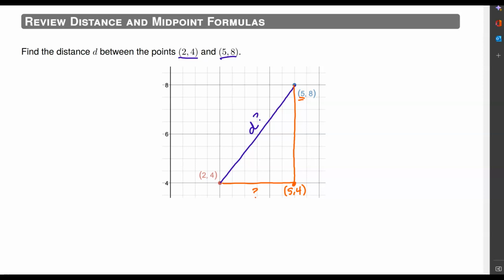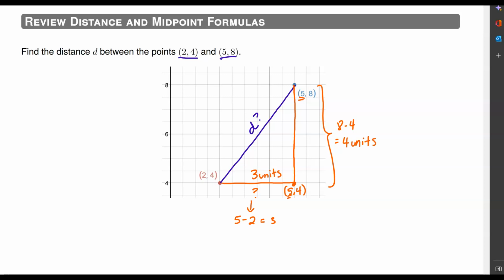This is a straight line, so this distance is just going to be equal to 5 minus 2. I'm at 5 over here and I started at 2. So it's going to be 3. This is a distance of 3 units. Now here, I started at 4, I'm going all the way to 8. The distance here is going to be 8 minus 4, which gives us 4 units.